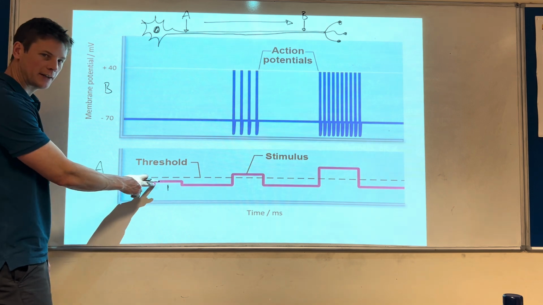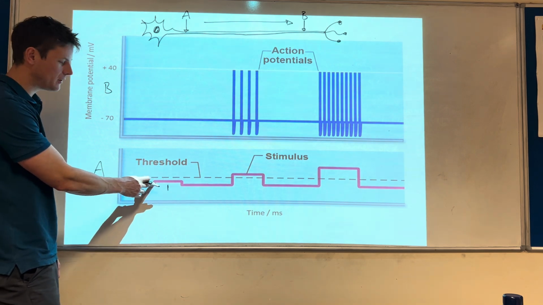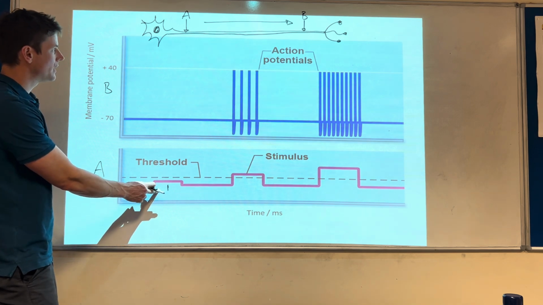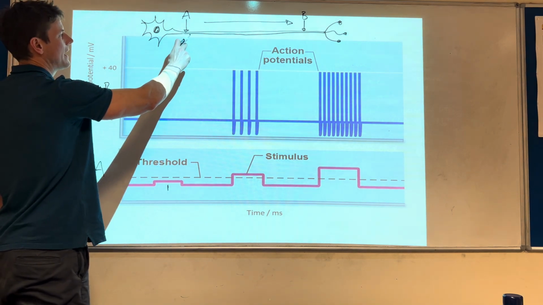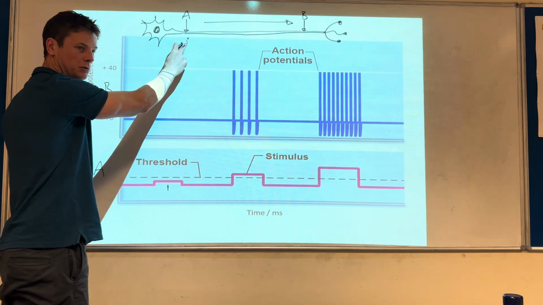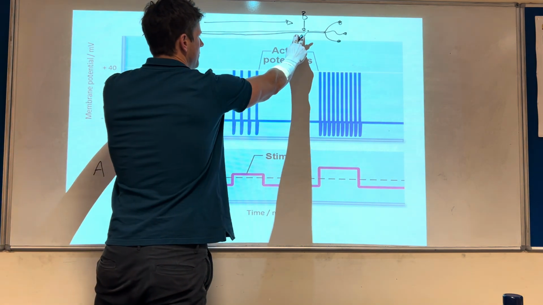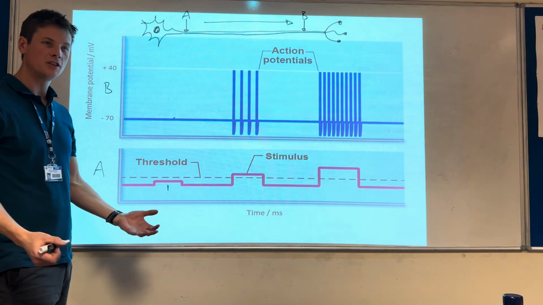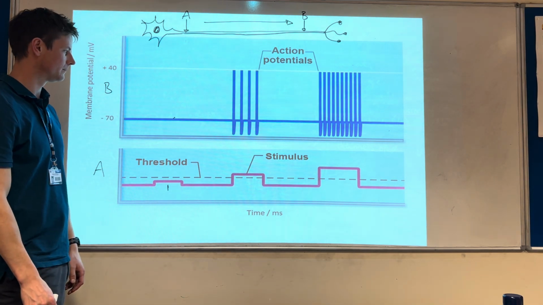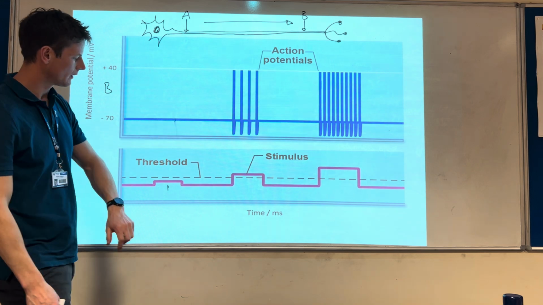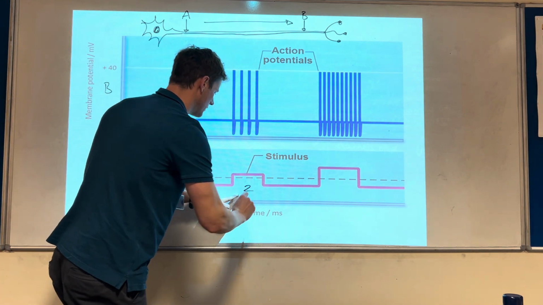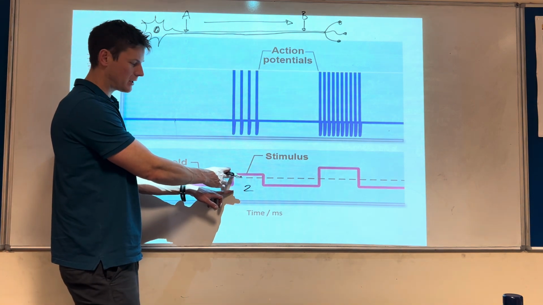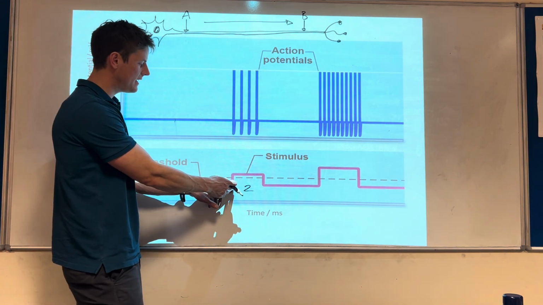Some sodium ion channels open, some sodium ions diffuse in, but not enough to reach this threshold level. So, the stimulus at point A is sub-threshold. The measurement taken at point B, well, there is no change to the membrane potential. Second stimulus. This time is a bit larger. More sodium ion channels open, more sodium ions diffuse in.